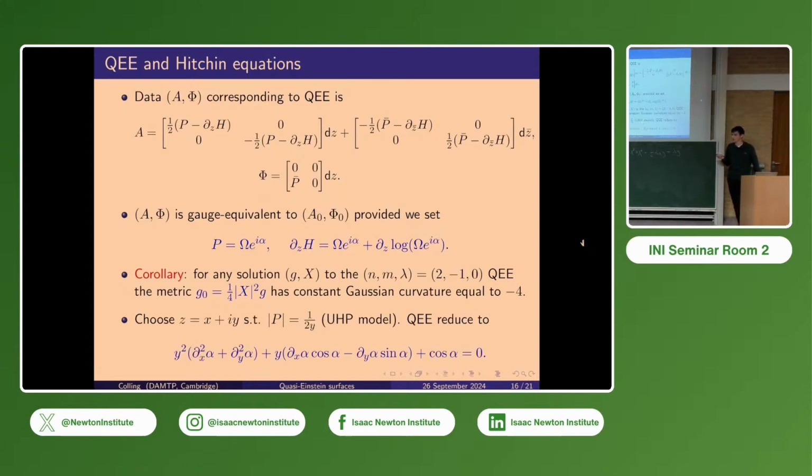I've chosen the complex coordinate here such that this constant curvature metric is in the upper half plane model, and you get the following equation for alpha. This is where we are a bit stuck, because you would expect this equation to be somehow integrable, as we got it from anti-self-dual Yang-Mills. But we don't really know how to solve it.